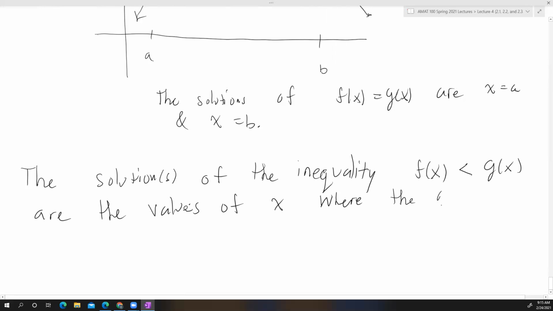where the graph of g is higher, the book says, or above, oh yeah, I guess that doesn't make sense grammatically to say that. I don't actually like the word higher. So it is above the graph of f.